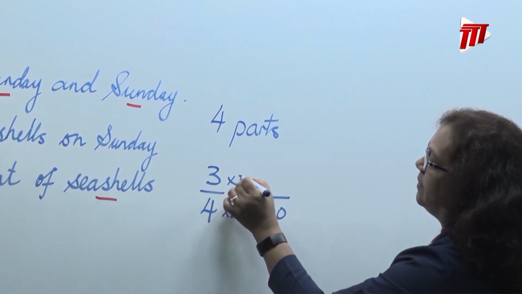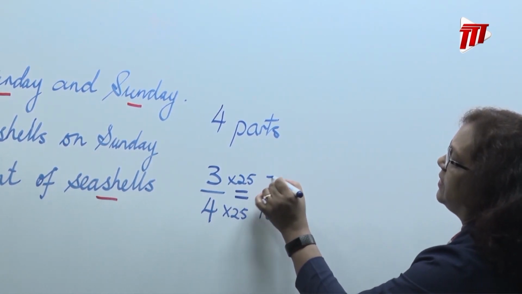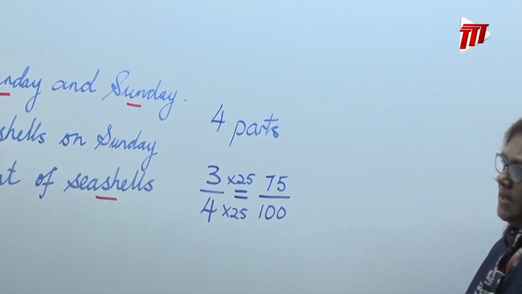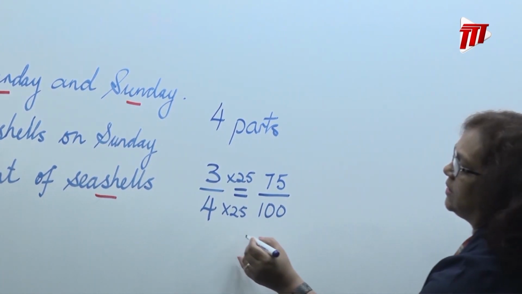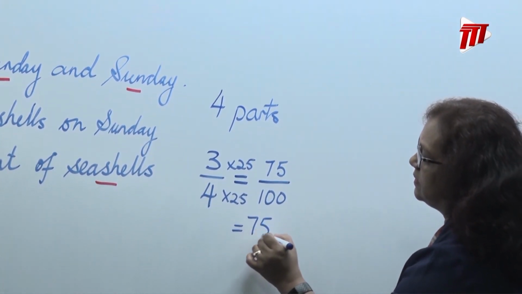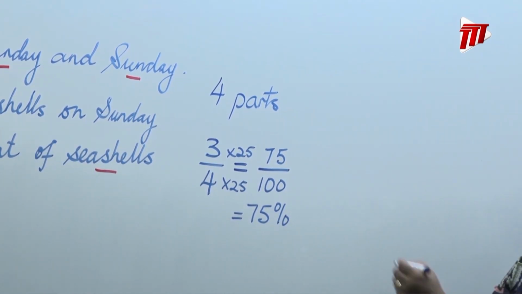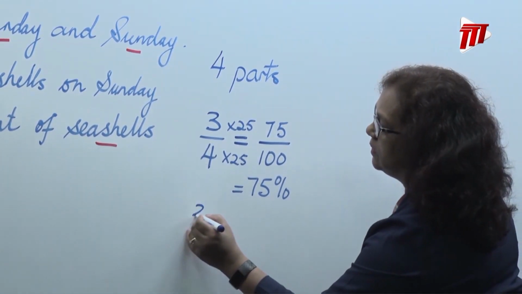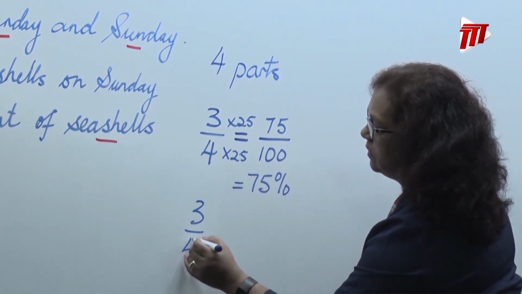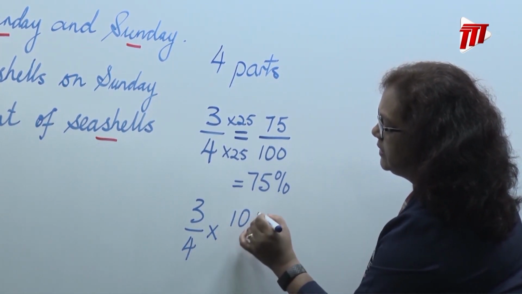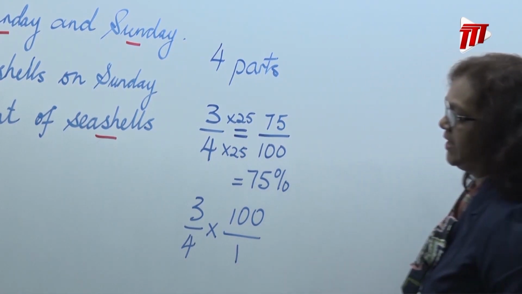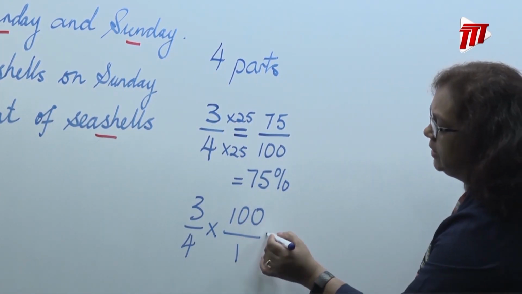I'm going to multiply by 25. And this is a very simple and common percent. So my answer is 75%. I can also multiply by 100, find 3/4 of 100.